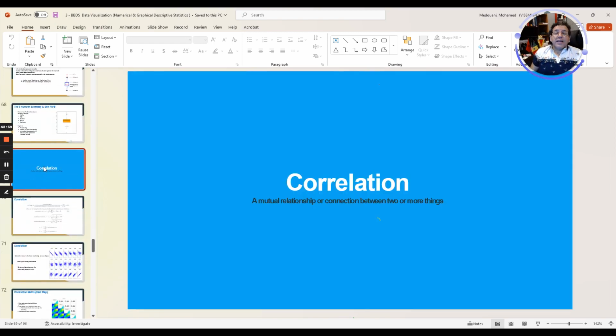Finally, correlation analysis. What is the difference between correlation and scatter plot? Scatter plot is going to tell us if there is any type of relationship between elements of your data and the direction of that relationship.